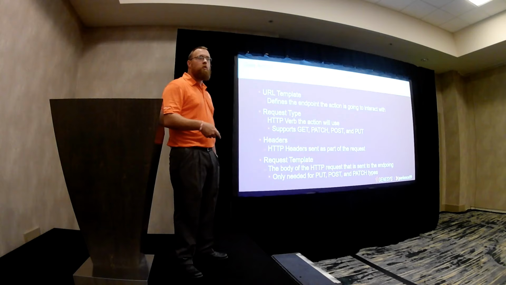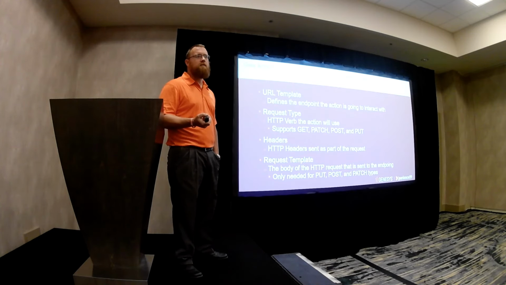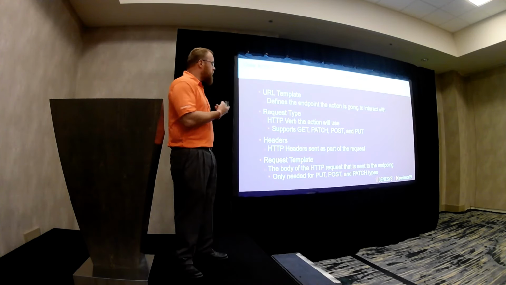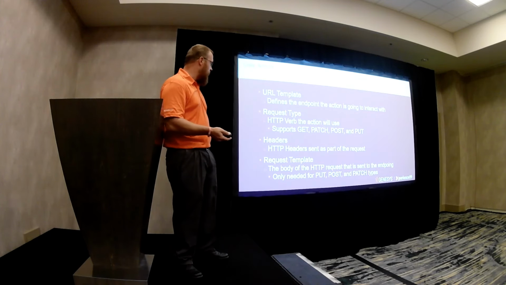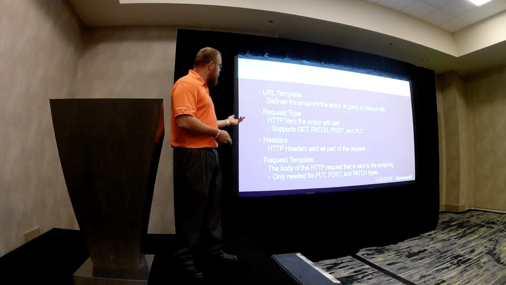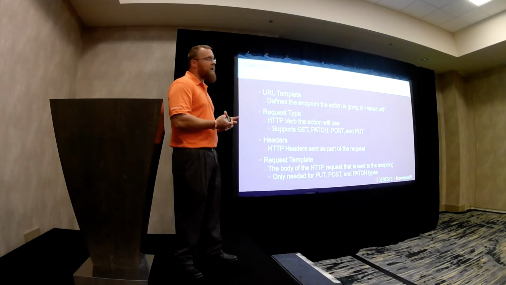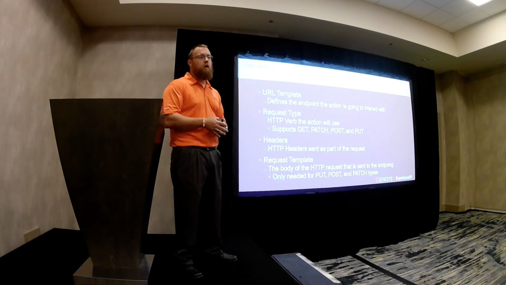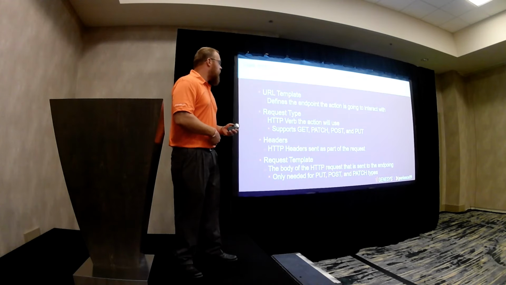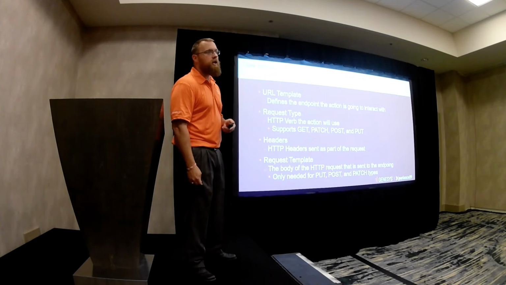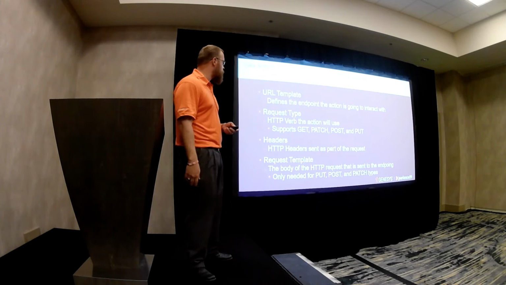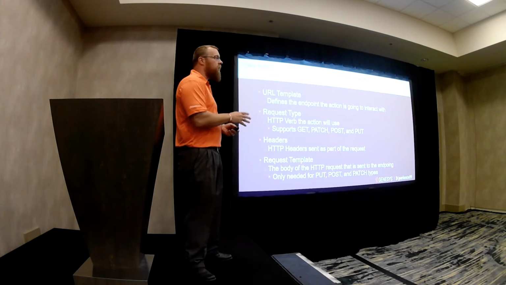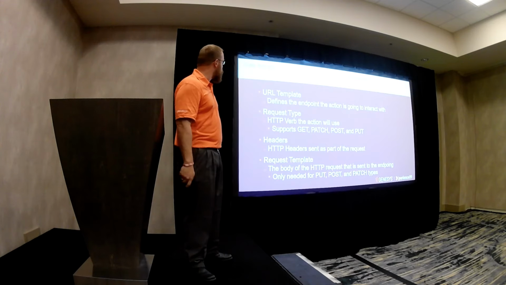So anything that you would normally fill out in Postman for an API call, all of the things that are in headers in Postman, you would fill in for your data action. And then lastly, we've got the request template. This is the actual body that gets sent along with it. So if we're doing a put, a post, or a patch because we're trying to create a new object or update an object in our external source, this is where all of that information is going to go.